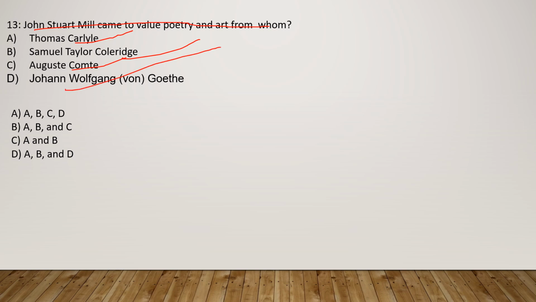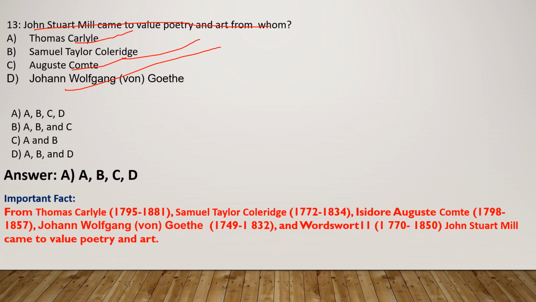This is also correct. So the correct option is option A. From Thomas Carlyle, Samuel Taylor Coleridge, Isidore Auguste Comte, Johann Wolfgang von Goethe, and Wordsworth too, John Stuart Mill came to value poetry and art.